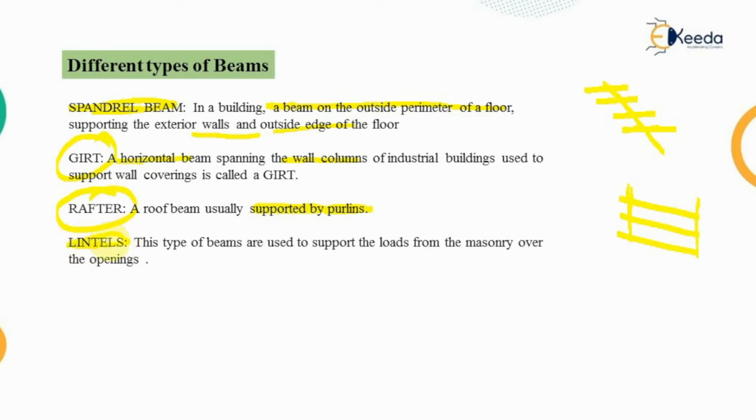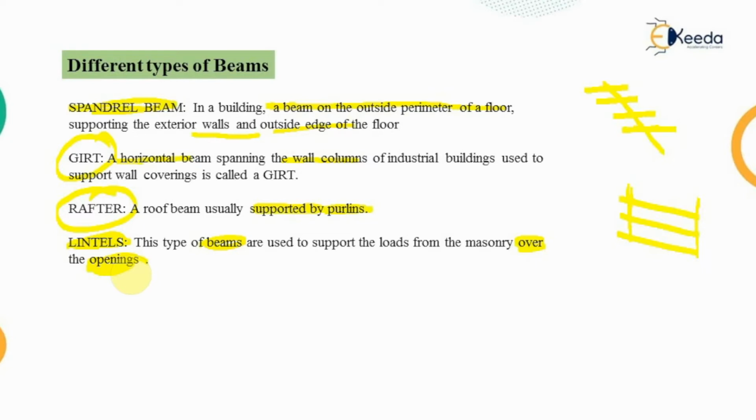And lintels are the beams which are provided above the openings. Whenever we are designing a building, over the openings provided in any building, and usually we design buildings with masonry work, the beams provided over the masonry work above the openings are known as the lintels.